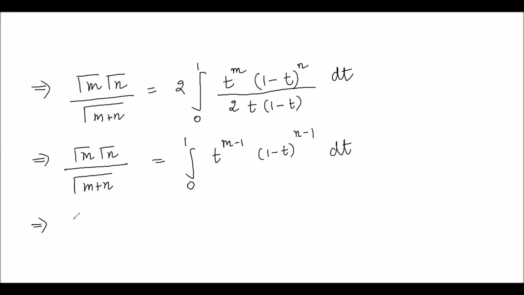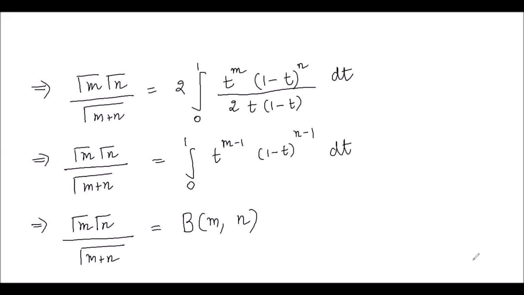This will give us gamma of m, gamma of n divided by gamma of m plus n, as this right hand side in the above equation is the definition of the beta function. So it is beta of m, n. And in this way, we have proved and established the relation between beta and gamma function.